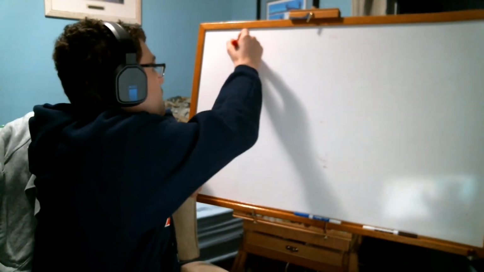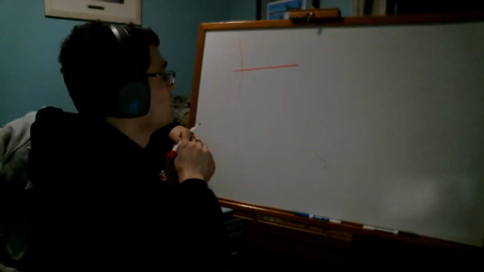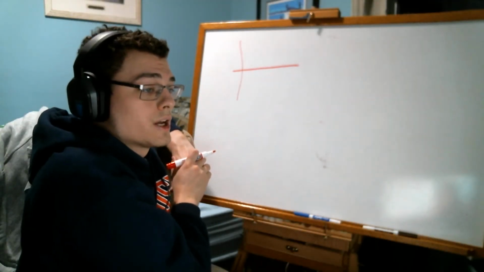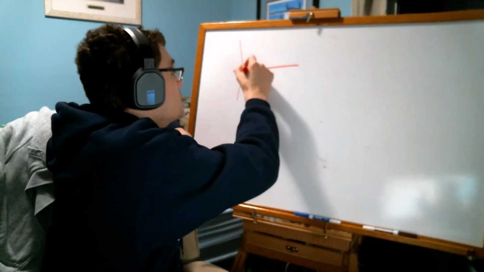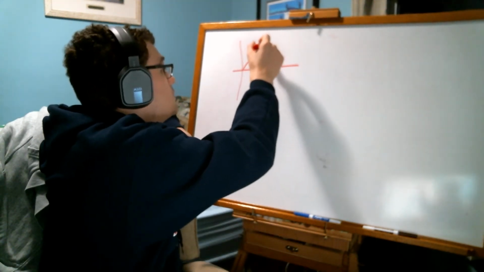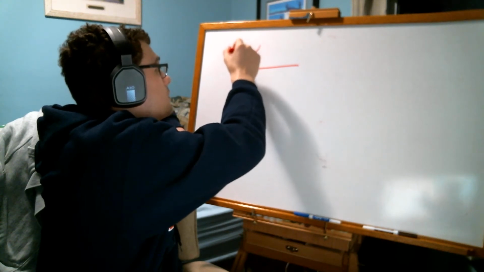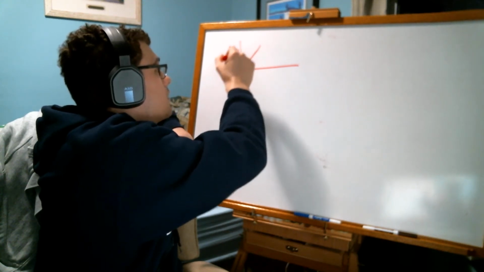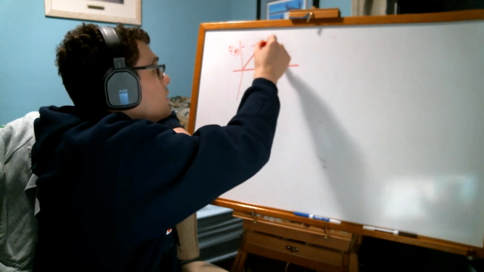So if we're having a velocity graph here, and he goes ahead and he uniformly accelerates to his 4 meters per second up here, and that's this line here.